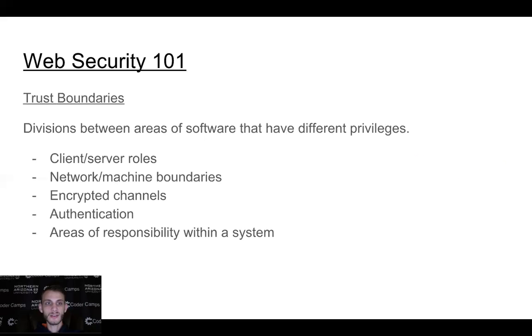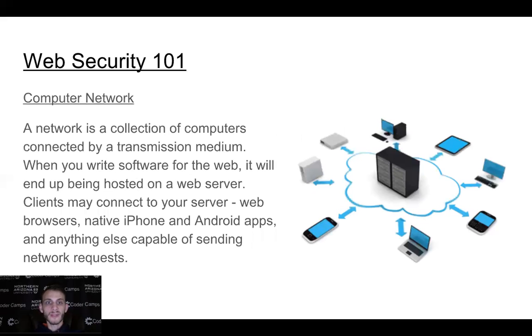Okay, so in regards to understanding security, you need to understand what a computer network is. Maybe you do, maybe you don't at this point, but let's go ahead and confirm that you know exactly how it works. A network is simply a collection of computers connected by transmission medium.